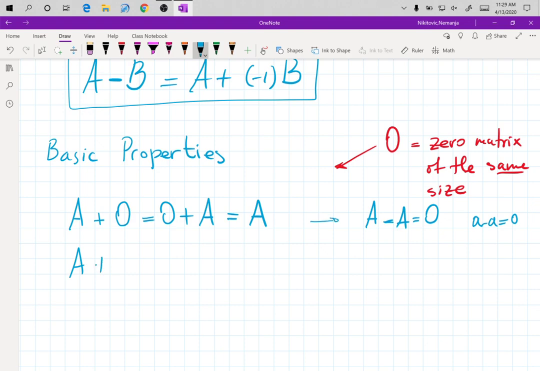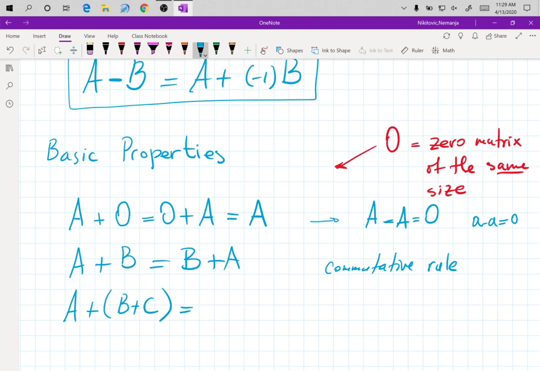Now A plus B equals B plus A. That's the commutative rule. So it doesn't matter which matrix you add to which, right? Then we have an associative rule. All of these matrices have to be the same size.